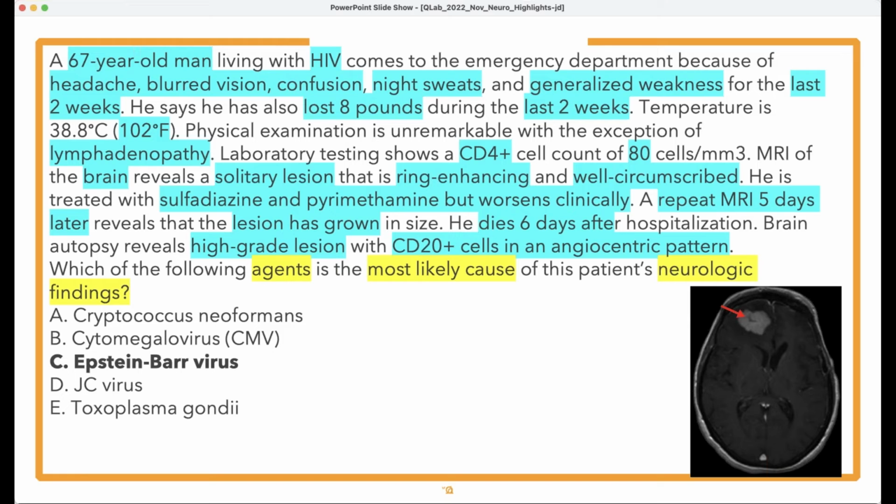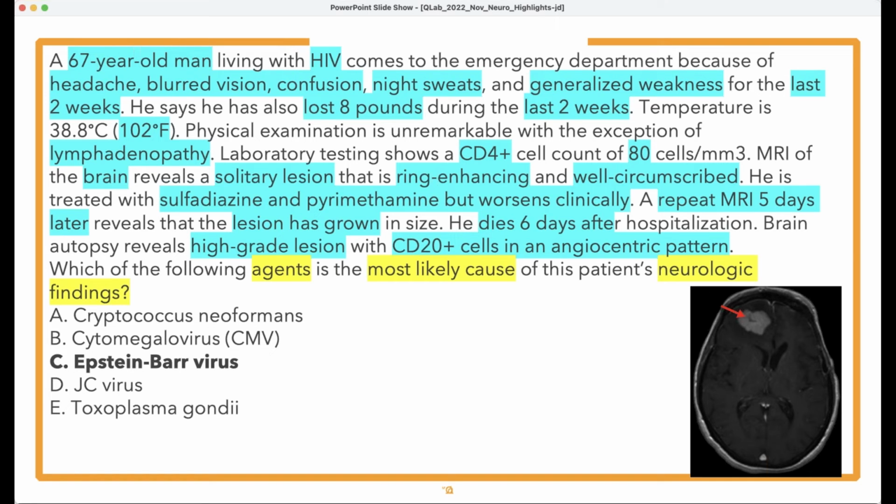Now the other answer choices, in case you selected that, so E, for example, that is getting at what he was maybe treated with, as we know that he didn't really respond to that. And oftentimes you have multiple ring enhancing lesions, although they can present with solitary as well. JC virus leads to progressive multifocal leukoencephalopathy, so more of a neurodegeneration, not so much solitary ring-enhancing lesions like that.